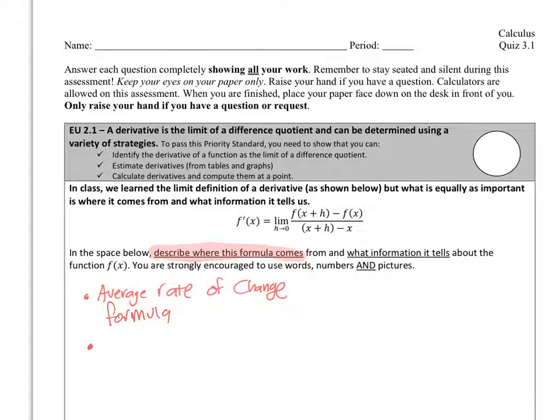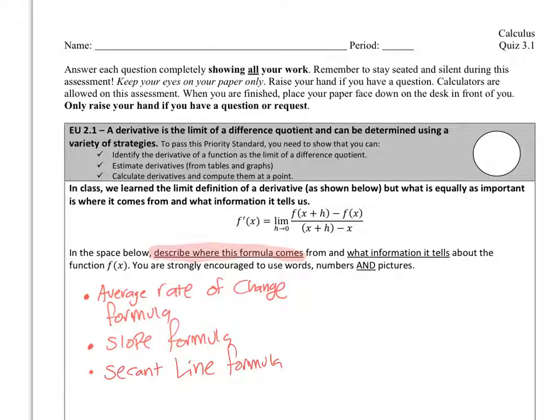Or I was looking for you to say it's coming from the slope formula. Or even things like it's coming from the secant line formula. Because those are things we've talked about.